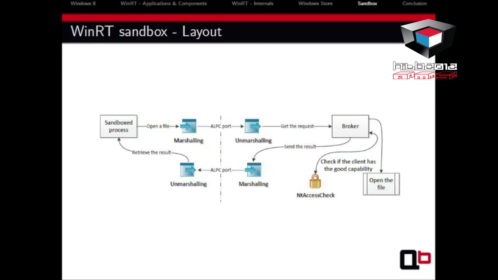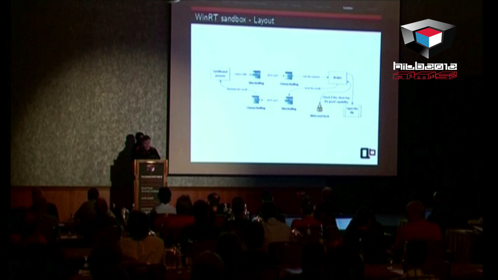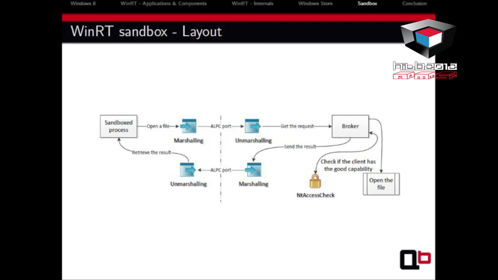On WinRT, it's far simpler because Microsoft designed a new API, and basically the developer, without knowing it, will send an object through the RPC port. So it will instantiate the object, marshal it, and send it through the LPC port. On the broker side, it will unmarshal it to instantiate the object in its own process context.